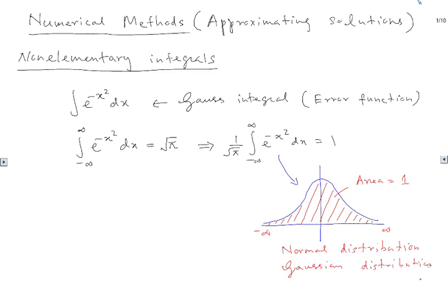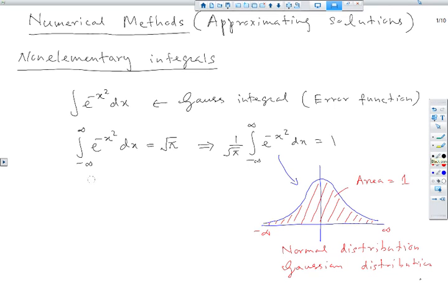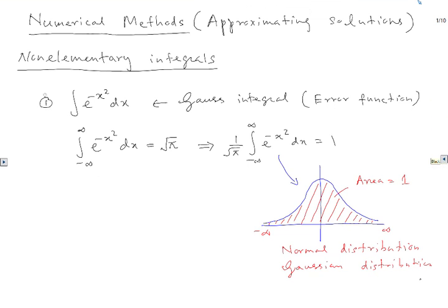So let's talk about what other things are out there. I'm going to call this number 1. There are some other integrals also. These are very useful, but unfortunately you cannot integrate them. The second one I'm going to call the Fresnel integral. That means sine x squared dx, or cosine x squared dx.